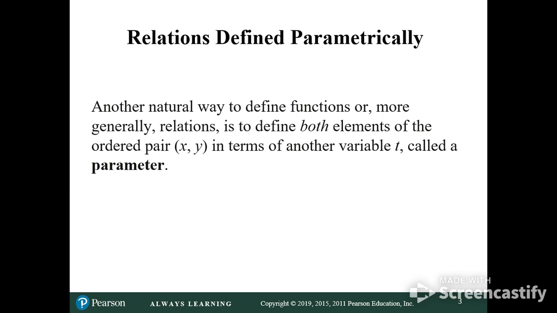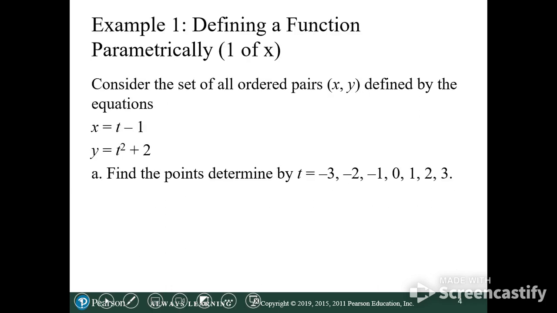All right. So another way to define functions is to define both elements, x and y, in terms of another variable called t, which is a parameter. In this sample, x is equal to t minus 1, y is equal to t squared plus 2.